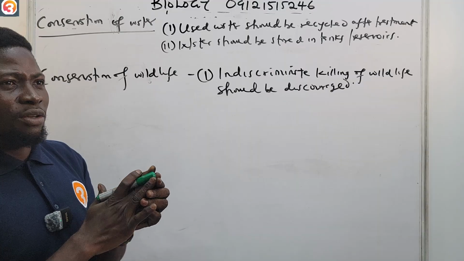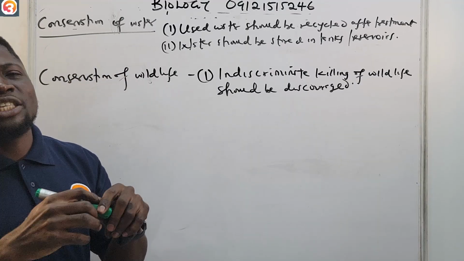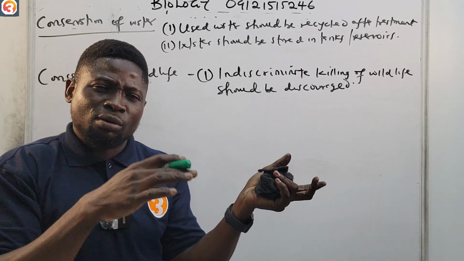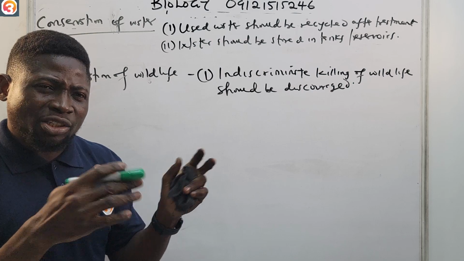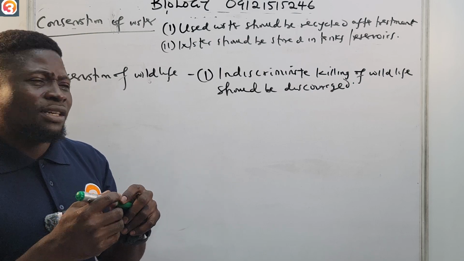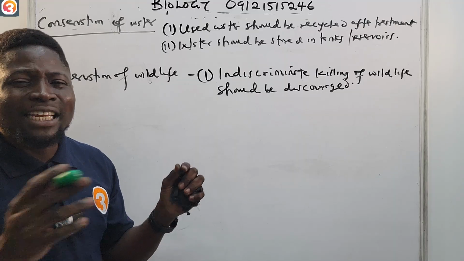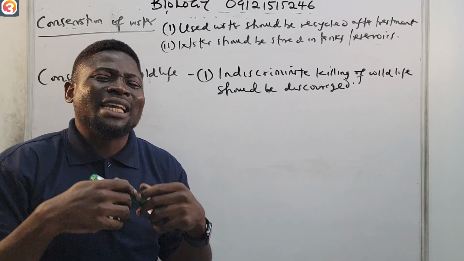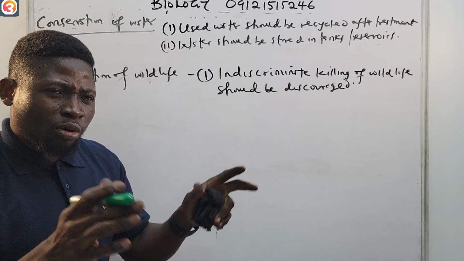You can build natural parks for them. You can build them as sanctuaries for them. That's why if you go to some countries, you go to their parks and see natural wildlife, different types of animals that you have not seen before. You can do something like that instead of killing them. So we should protect their habitat also. We should conserve them.